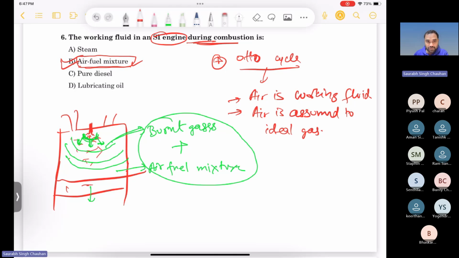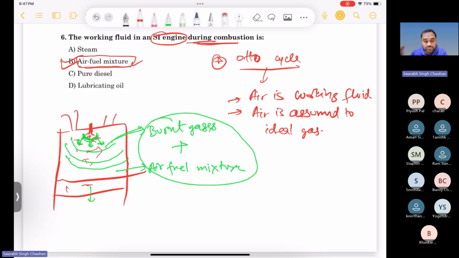And diesel, of course, is not used in SI engines. Lubricating oil, we don't want to burn lubricating oil. Sometimes when your piston rings have worn out, some part of the lubricating oil can reach inside your cylinder combustion chamber, and that lubricating oil can also burn with these burnt gases. In those cases, you will see some white smoke coming out from your silencer.